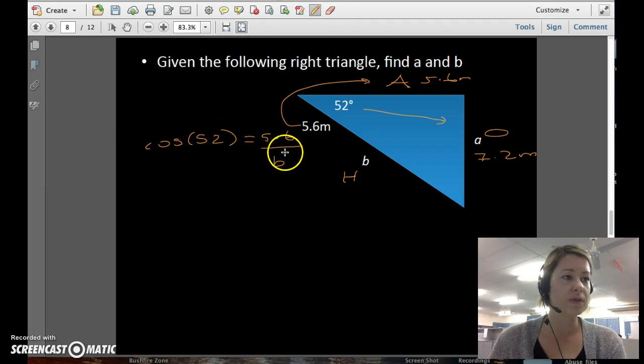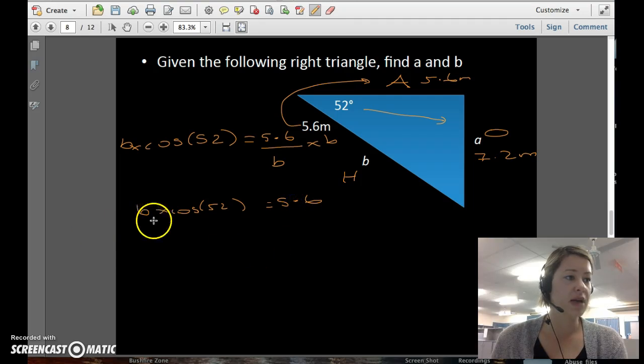First of all, I don't want this fraction here, so I am going to divide both sides by b. What I'm left with is b times cos of 52 equals 5.6. But now I want b on its own, and at the moment it's getting times by cos of 52.